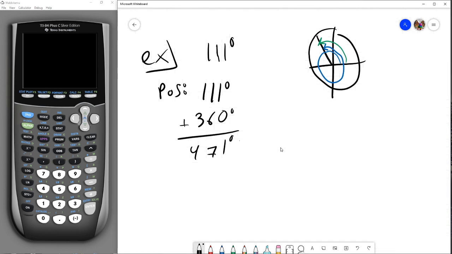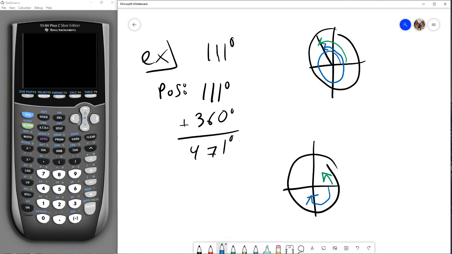Now, we didn't talk about this so much in the previous video, but if we think about our angle in this manner now. Normally we want to think of our angles as starting from the positive x-axis and moving in a counterclockwise direction. But we could always move in the clockwise direction if we so wanted to.